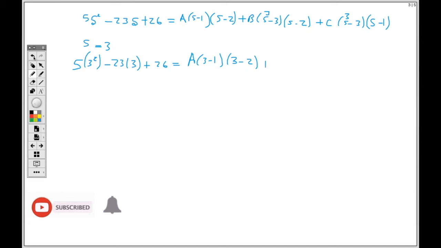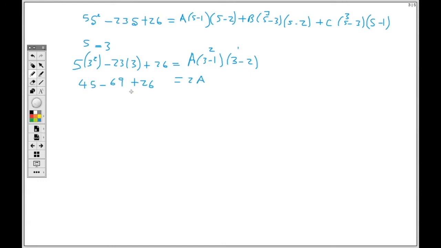Now this part I don't have to write because it will be 0, because 3 minus 3, as I've explained, would give us 0 and everything will be eliminated. Now 3 squared is 9, and 9 fives are 45. 23 times 3 is 69, plus 26. 3 minus 1 is 2, and 3 minus 2 is 1, so we have this to be 2a.